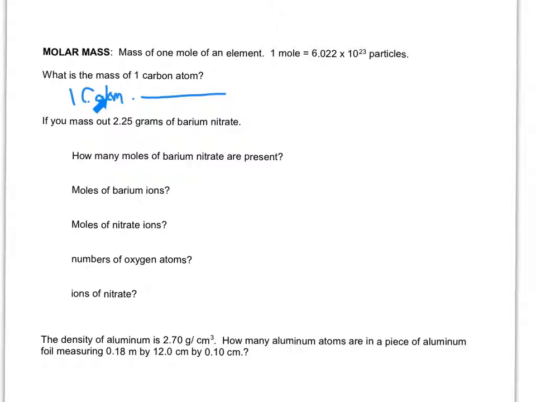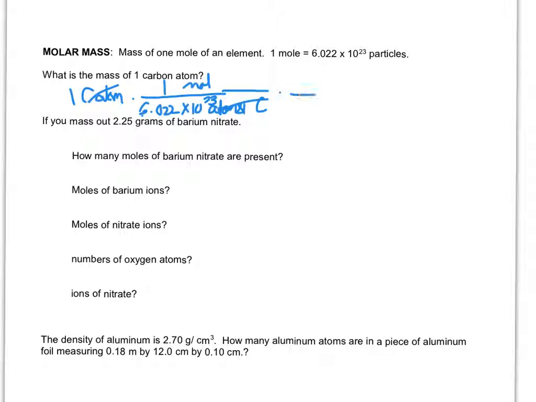So I'm going to start with one carbon atom. On the bottom, I want to put the same units, so a carbon atom. On top, I will put moles. 1 mole is 6.022 times 10 to the 23rd atoms. So my atoms of carbon cancel.